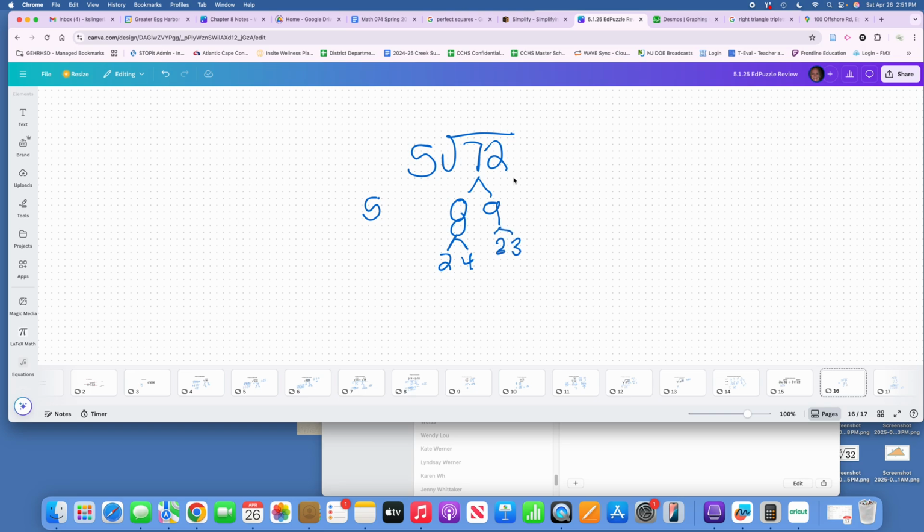Okay, and the 4 I can rewrite as 2 times 2. So this becomes 5 on the outside, and on the inside I have 3 2s and 2 3s.